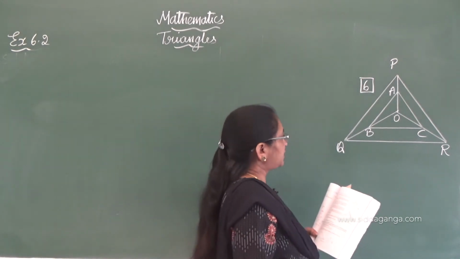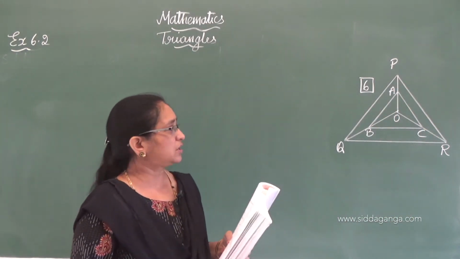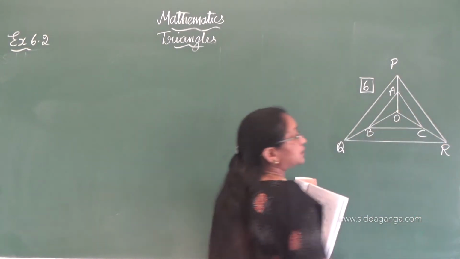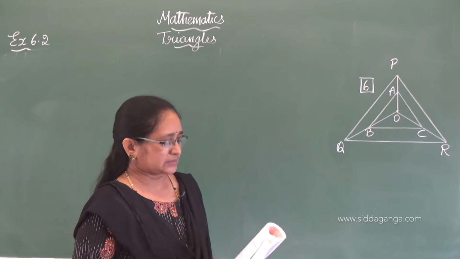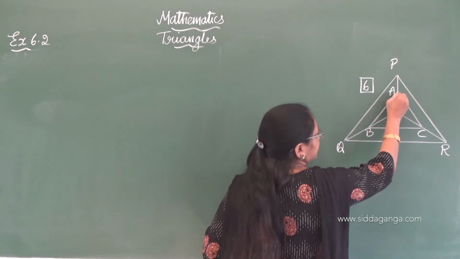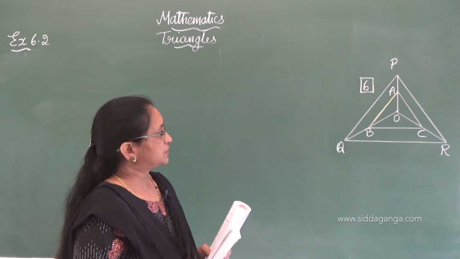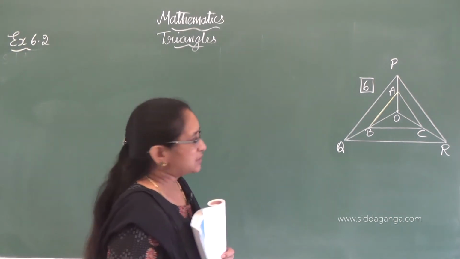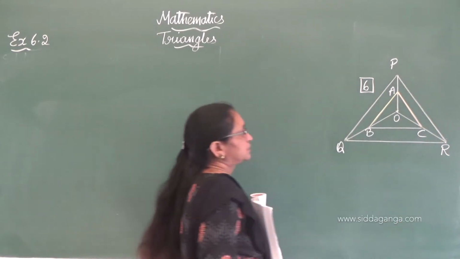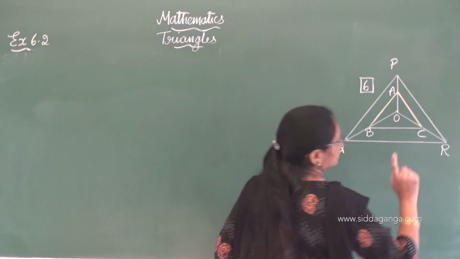See here, A, B, C are the points on OP, OQ and OR respectively, such that AB, see here, this AB is parallel to PQ and AC is parallel to PR. You have to prove that BC is parallel to QR.